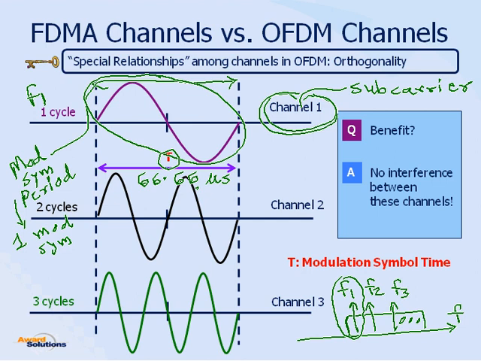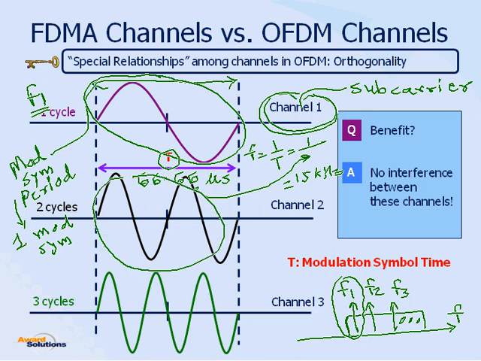So if you want to calculate the frequency of that subcarrier F1, then of course frequency is 1 over time period. So 1 divided by 66 microseconds, you will get 15 kilohertz. So 15 kilohertz is the frequency of the first carrier. Then if you look at the second one, we have 2 full cycles, one cycle here, another cycle here.